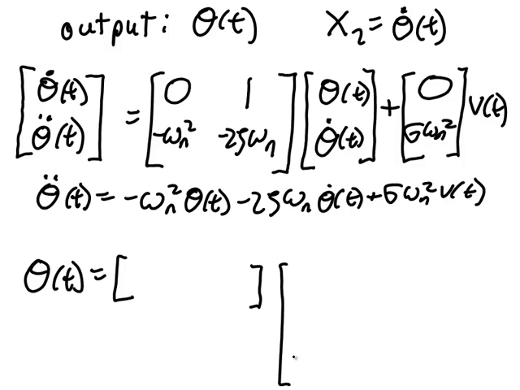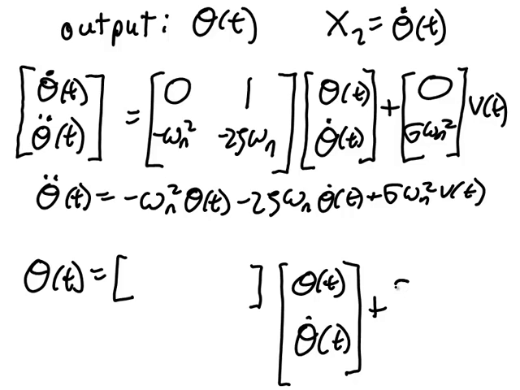The output theta of t is equal to something multiplied by my state vector, which is theta, theta dot, plus something times my input, which is v of t. Well, this equation also is pretty easy to fill in because theta of t is one of our state variables. So theta of t is equal to theta of t. I can just put a 1 here and a 0 and a 0, and that gives me a true equation.